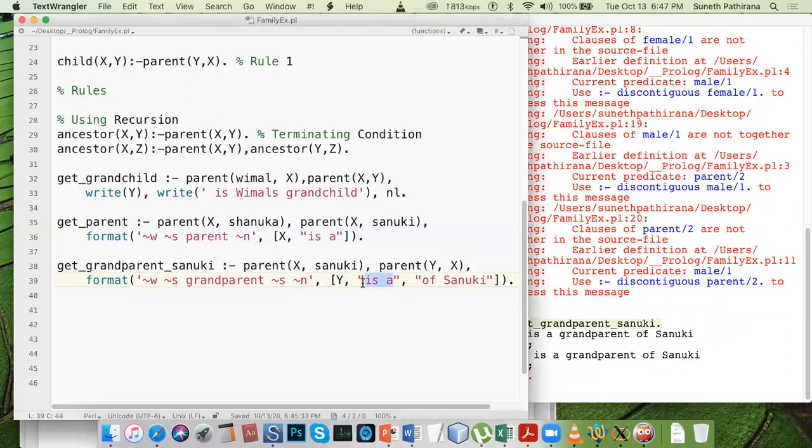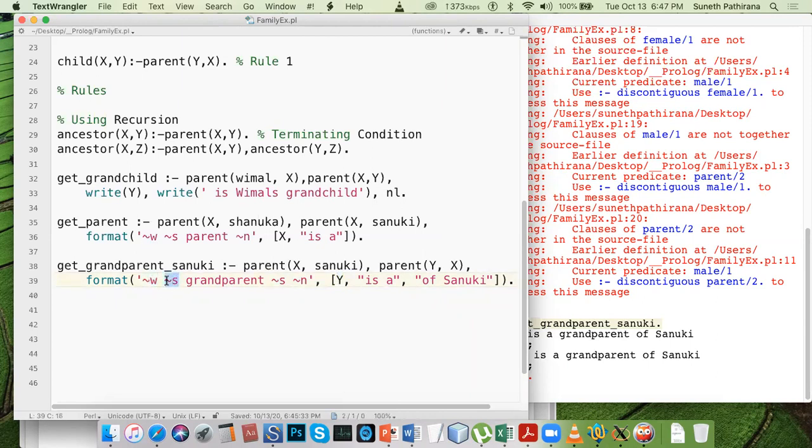So this is ~s, the first string. Okay, this is the first string. This is the second string, "of Sanuki" is the second string. So what we put instead of ~w, that is the variable Y. Variable Y will be mapped to this, that means write, whatever the thing.